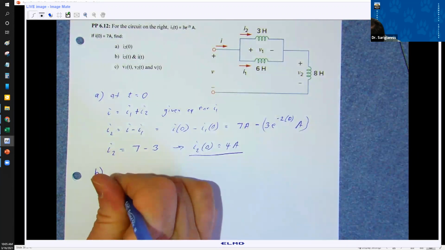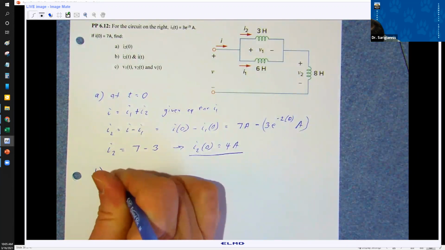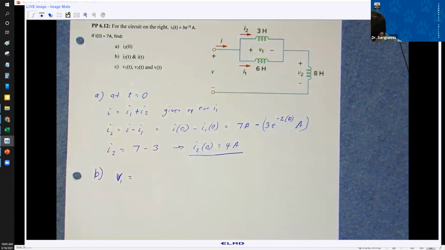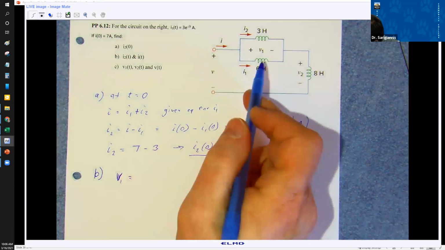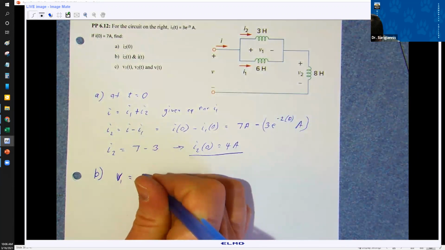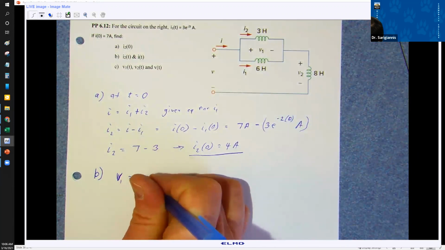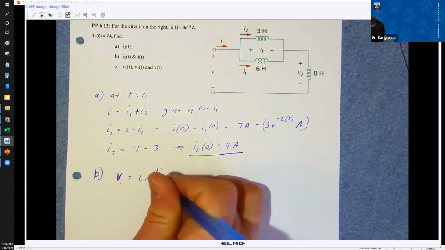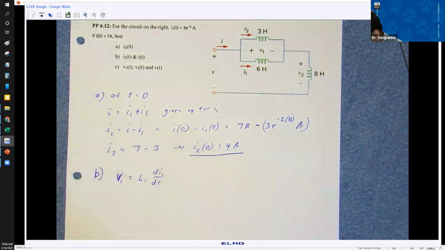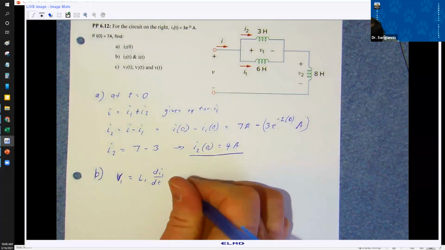So V1 is, I'm going to write this in terms of inductor number 1 here, L1 di1 dt, right? And what is that?